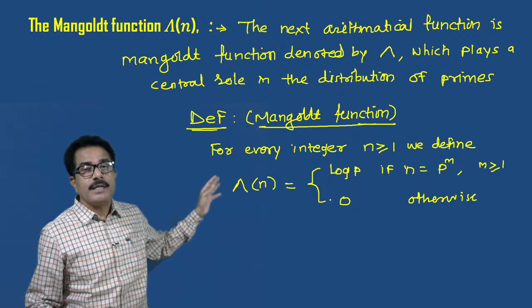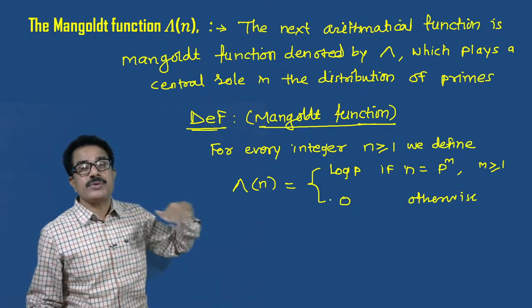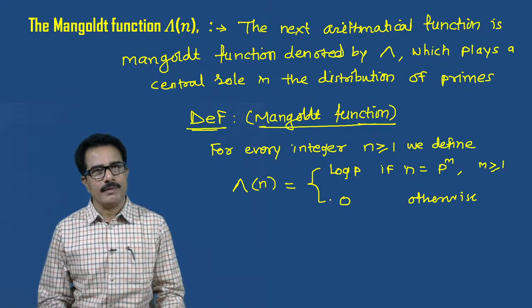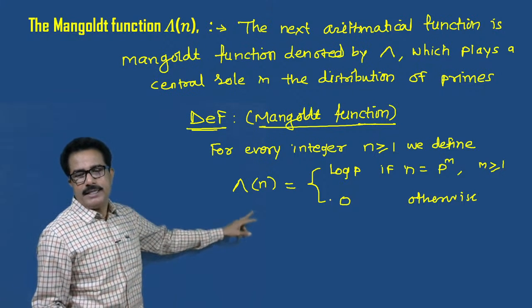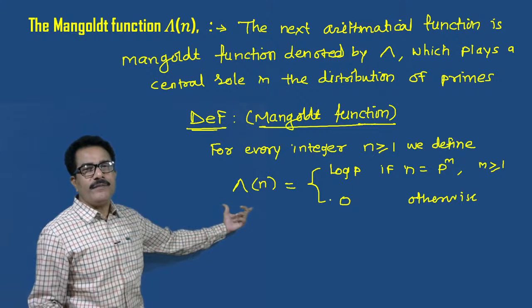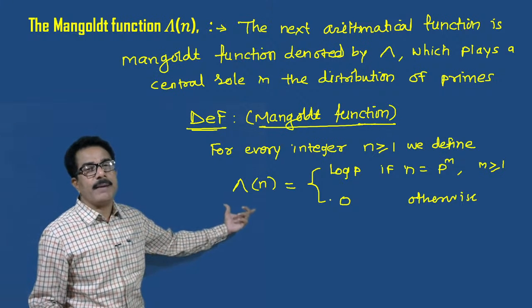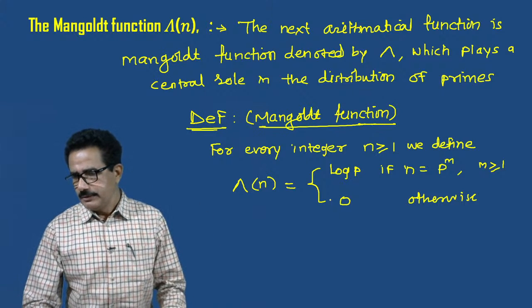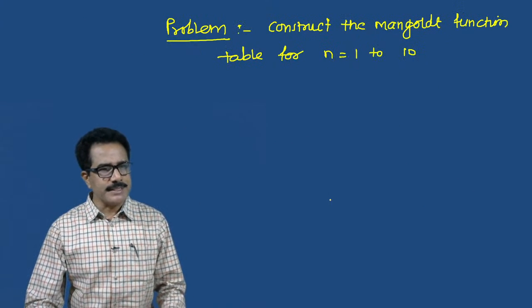If n equals p raised to m does not hold, then the value of the Mangoldt function lambda of n equals 0. This is the simple definition.